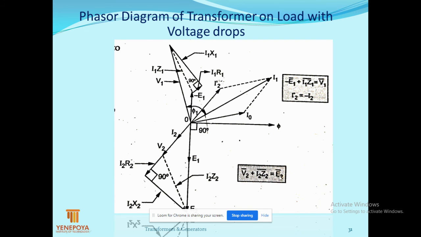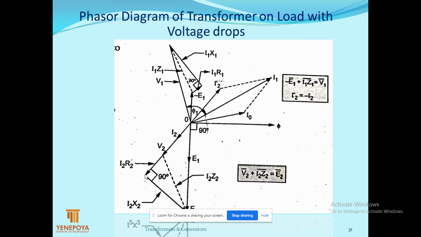Next, you have to get E2. We have already marked E2, but you have to get E2 equal to V2 plus I2 R2 plus I2 X2. V2 is here, and from the tip of V2 you add I2 R2, which you draw in phase with I2, so it is in phase with V2.